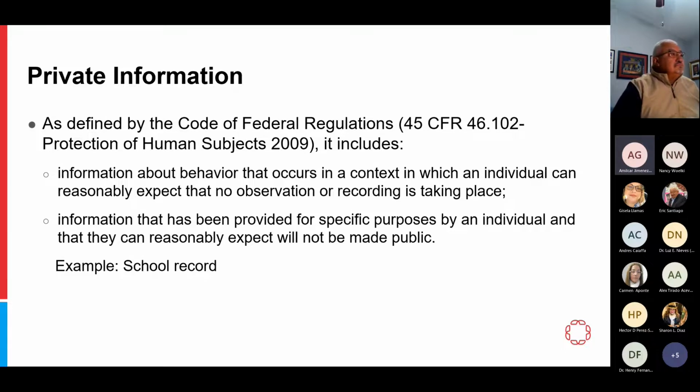Private information is defined by the Code of Federal Regulations as information about behavior that occurs in a context in which an individual can reasonably expect that no observation is taking place or being recorded. It is also defined as information that has been provided for a specific purpose by an individual, and that they can reasonably expect will not be made public.